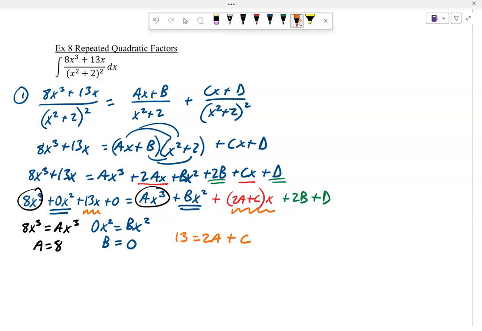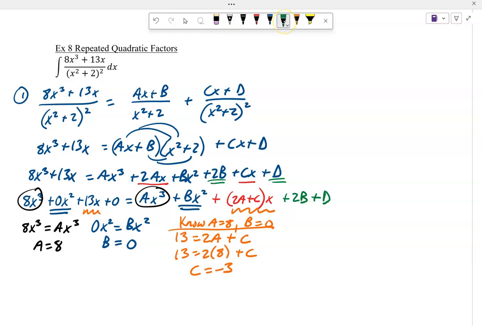But remember, we already know a is 8 and b is 0. So that'll help us there. So c ends up being -3.